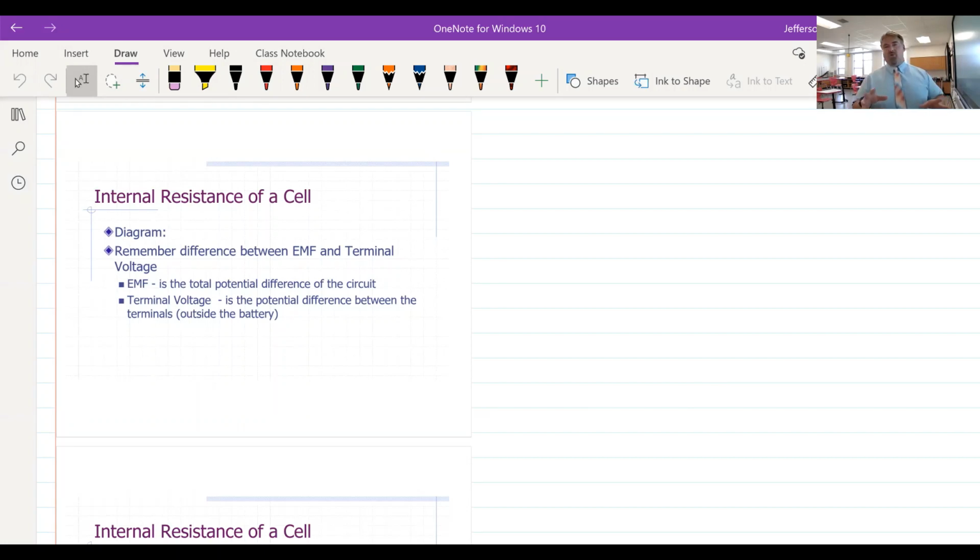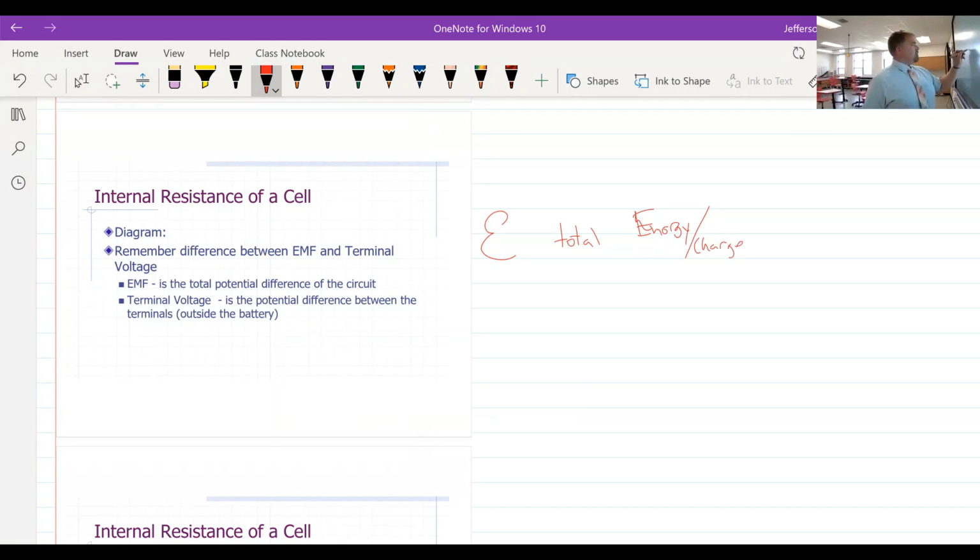Like I told you before, for our purposes, we are going to have to know the difference between the two. But I feel obligated to give you at least a little foundation behind it so that should you come across it again, you'll know why. We said that the EMF was the total amount of energy per charge of the circuit.